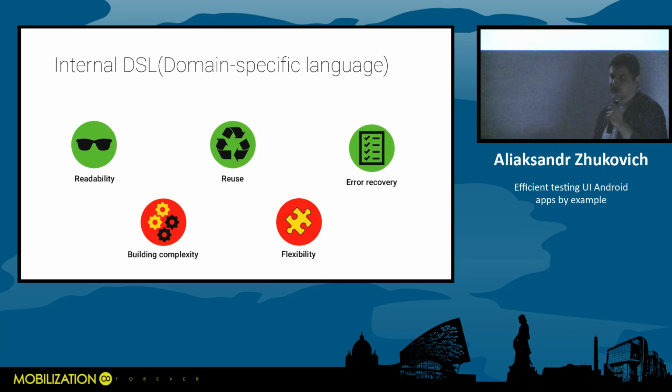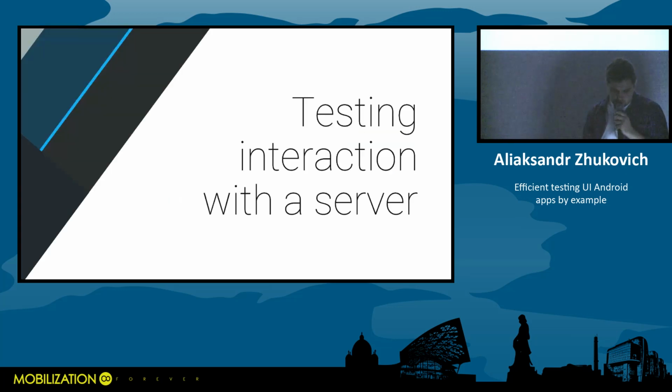Maybe you prefer enter email, enter password, and press sign-in. Maybe it will be better for you. However, while your application gets bigger, probably you would like to add additional abstraction which groups some actions. And of course, it's flexibility. And in flexibility, everything depends on your abstraction. If your abstraction is really high, some cases will be really complicated to test.